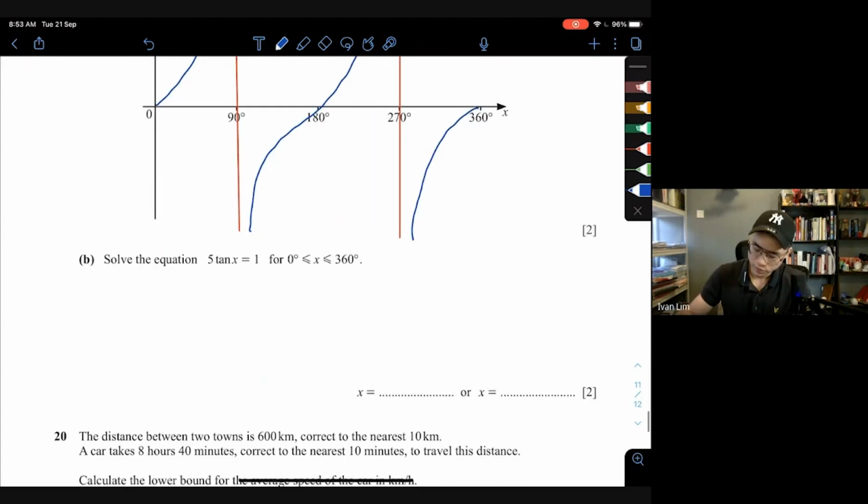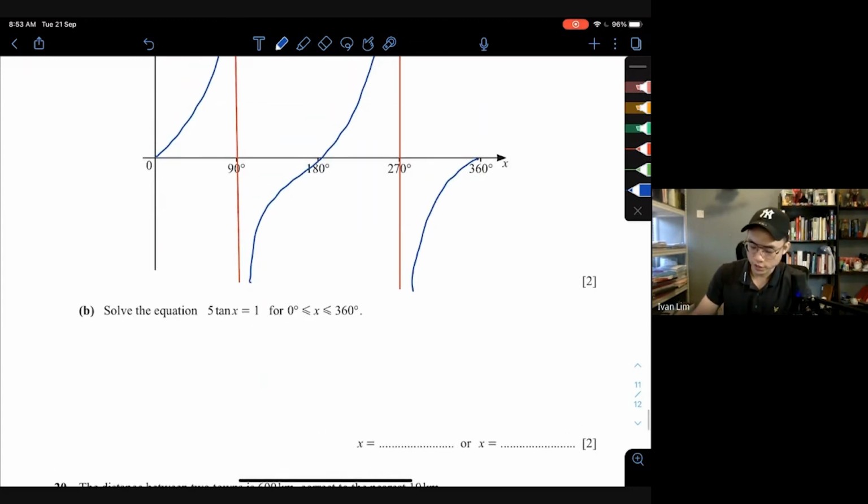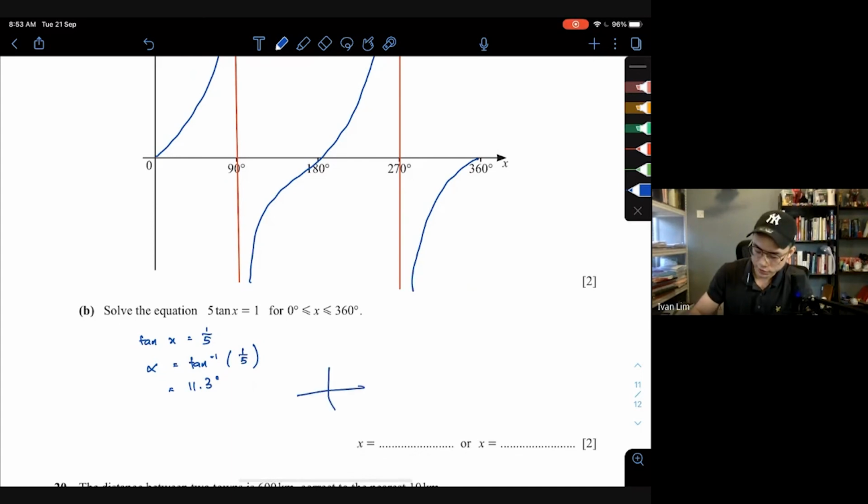Second one, solve the equation 5 tangent x equals 1. So tangent x equals 1 over 5. Find your base angle first, which is you inverse tangent 1 over 5, and you will get 11.3 degrees. Okay, using your ASTC, it will be at A and T. So first quadrant and third quadrant.